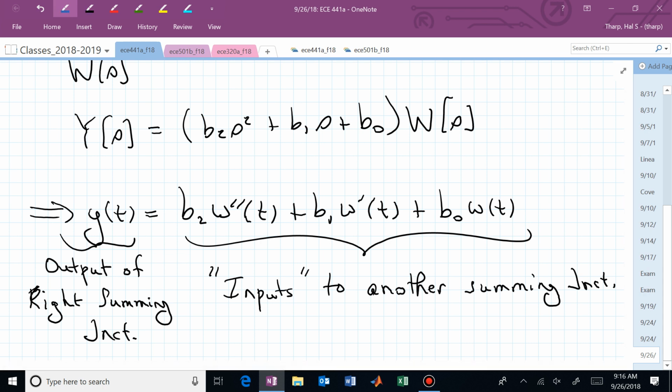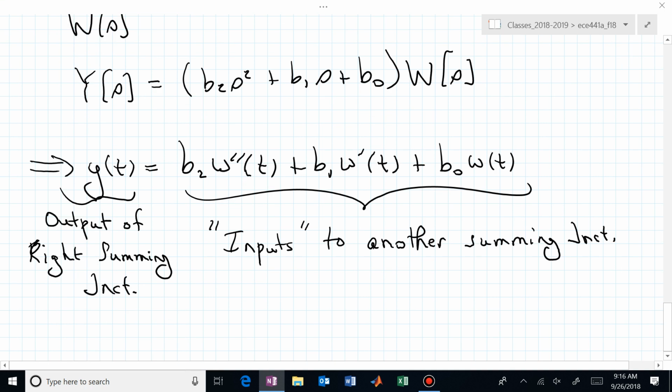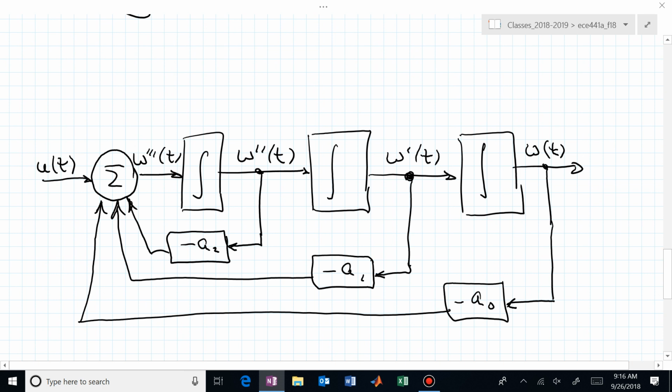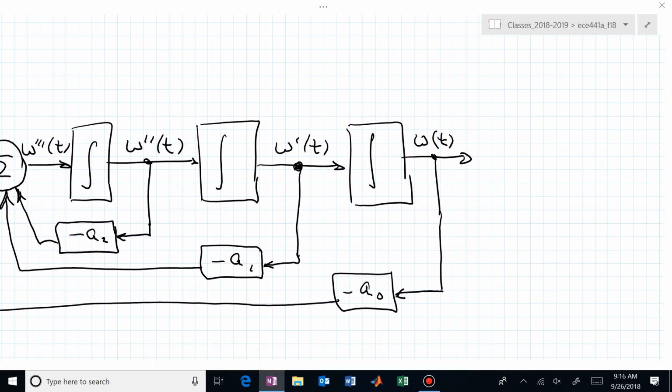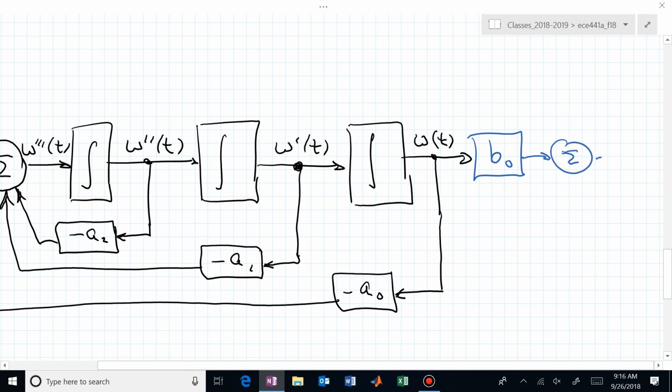Or if I do this in a slightly different color, and now here's where I have to cheat and cut and paste with width. Now I'm going to add in B sub 0 times W to give me one of the pieces.